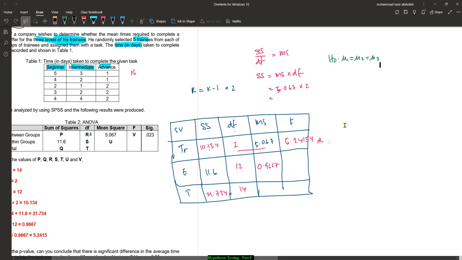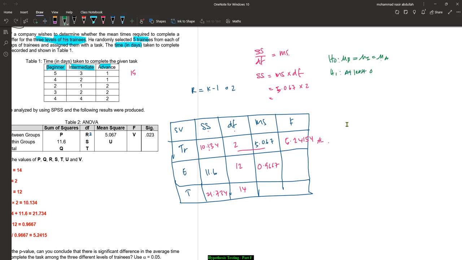So the best way to put is mu beginner equal to mu intermediate equal to mu advanced. Alternative hypothesis, at least one pair is different.